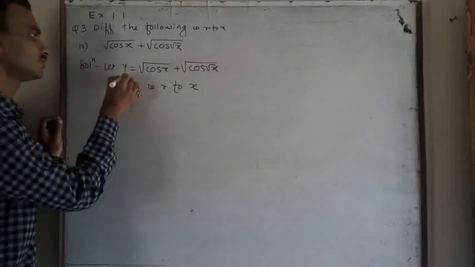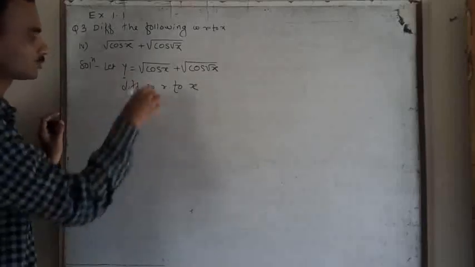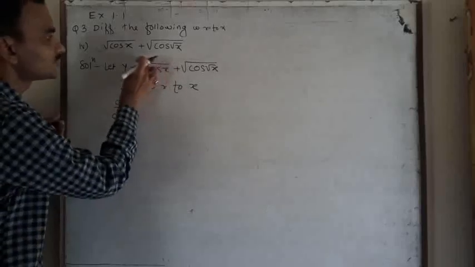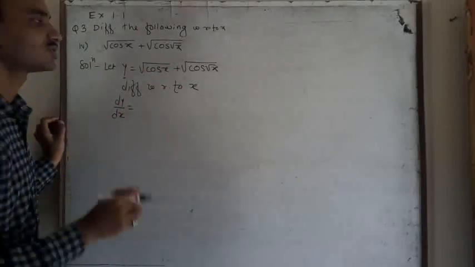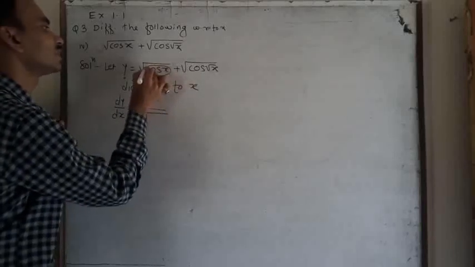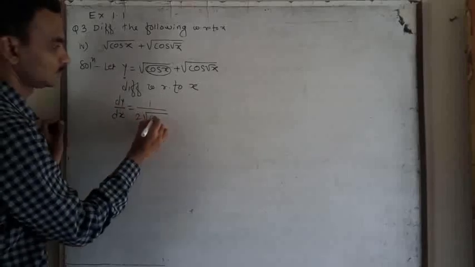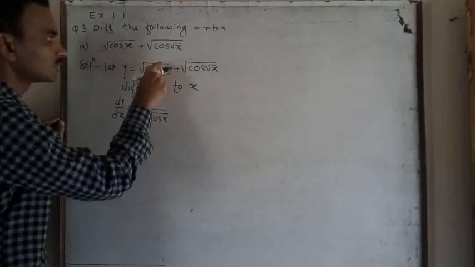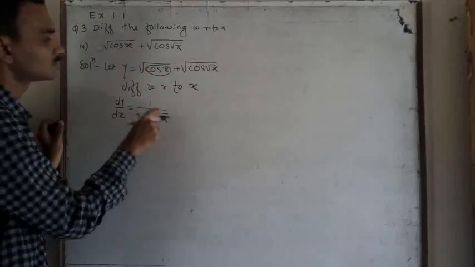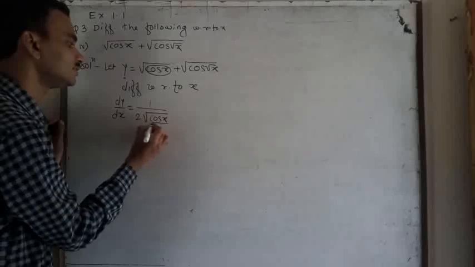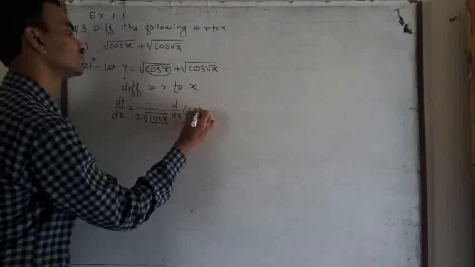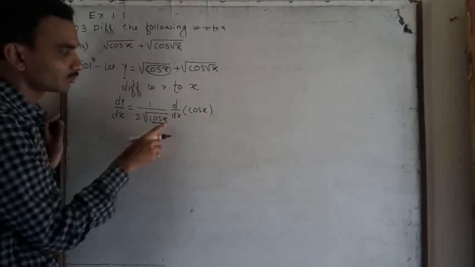If we differentiate y with respect to x, then we get dy by dx. Here, we know that the differentiation of root x is 1 upon 2 root x, and here our x is cos x. So differentiation of root cos of x is 1 upon 2 root cos of x, and this term is in terms of x, so differentiate this cos x again with respect to x.